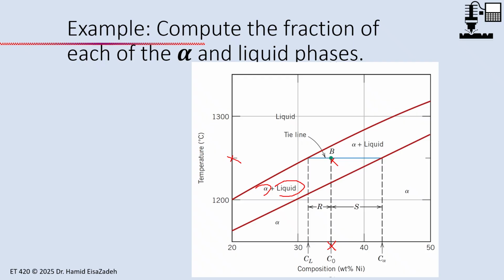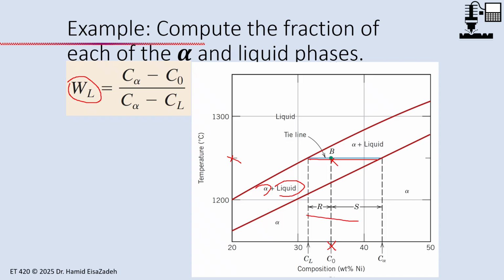So we need to construct this tie line, okay, and then we can determine the amount of liquid phase. Liquid phase is this length. You have to determine first S divided by the total length.